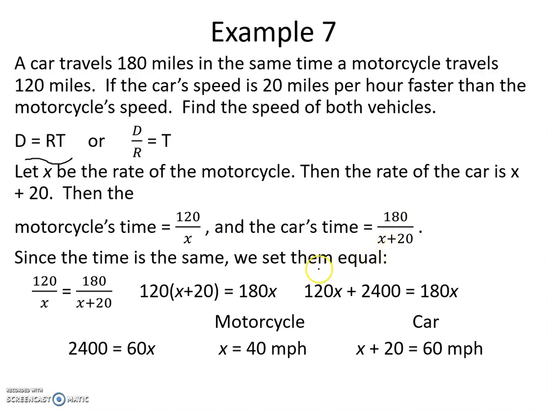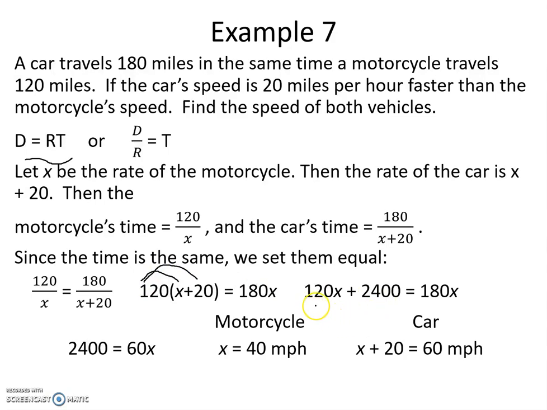Since the time is the same, we can set them equal, and we'll cross multiply. We get 120 times the quantity x plus 20 equals 180x. Distributing that 120 to the x, we get 120x. Distributing the 120 times 20, we get 2,400.